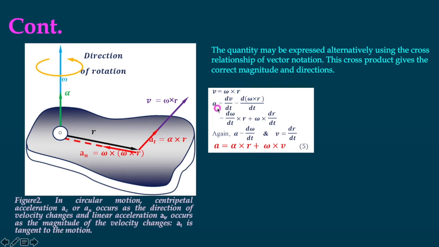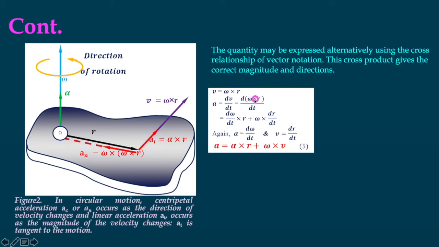and acceleration of this point is dv by dt. We know this. Now substitute the value of v. v equals omega cross r. The velocity is the cross product of omega and r.